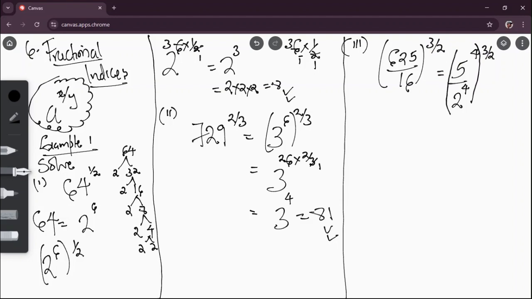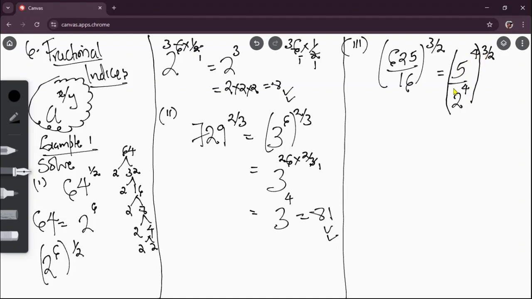So whatever you're having outside, it was 3 all over 2. Now, for this one, you are having the numerator and denominator, and their power is this one. This 3 all over 2 is not a power of the numerator alone or the denominator alone. It is a power of both. For that reason, I cannot just multiply this power 4 by 3 all over 2 and leave this one behind.